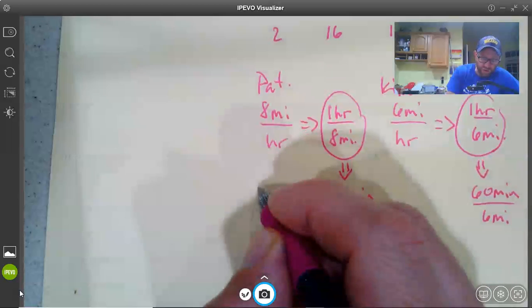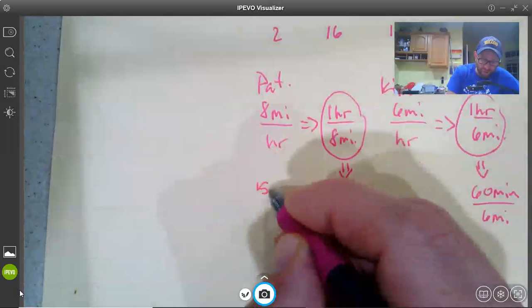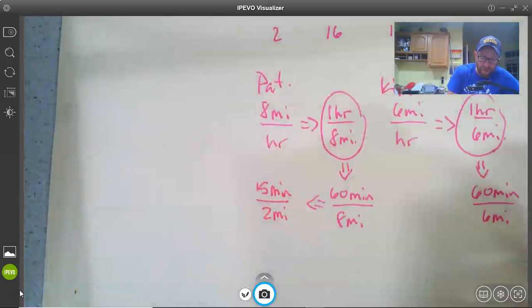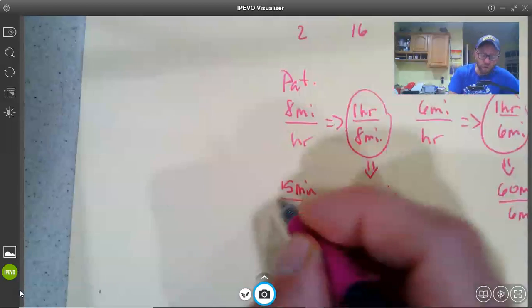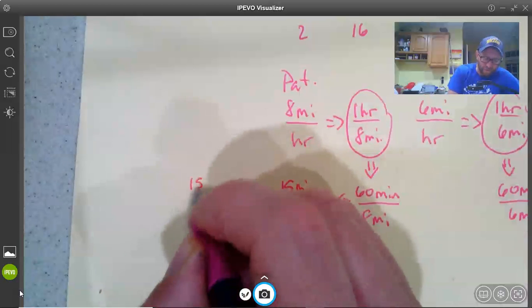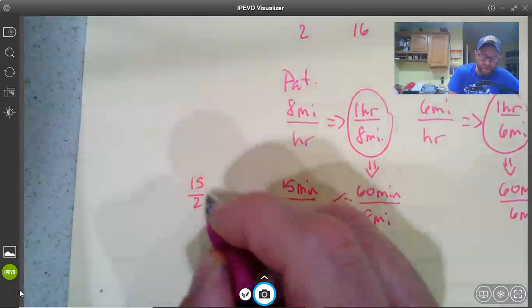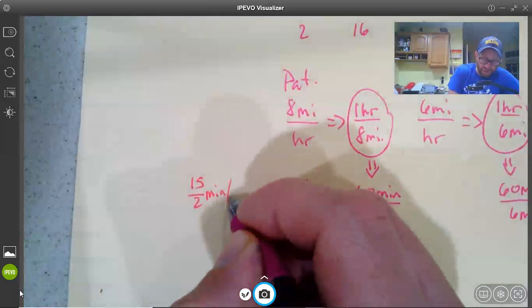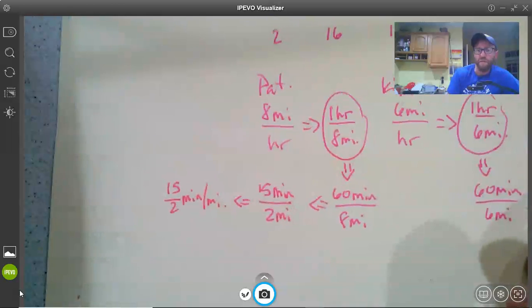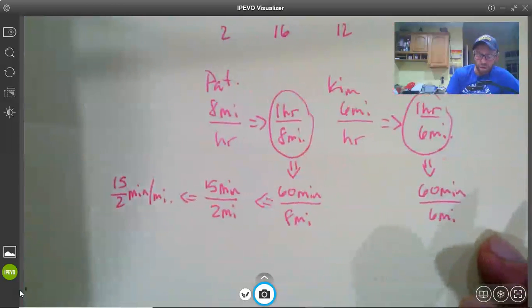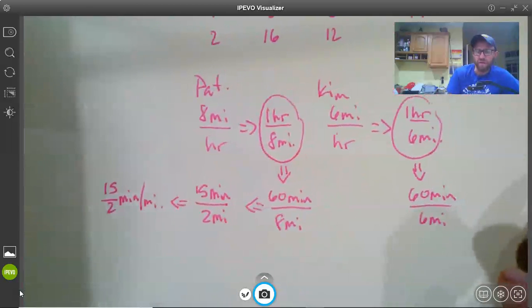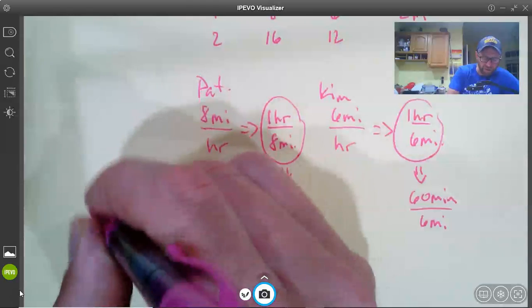That's 15 over 2. 15 minutes per 2 miles, which really is 15 halves minutes per mile. And 15 halves, you turn it into decimals, like 7.5. So 7.5 minutes per mile. But I want to leave it as a fraction for now.